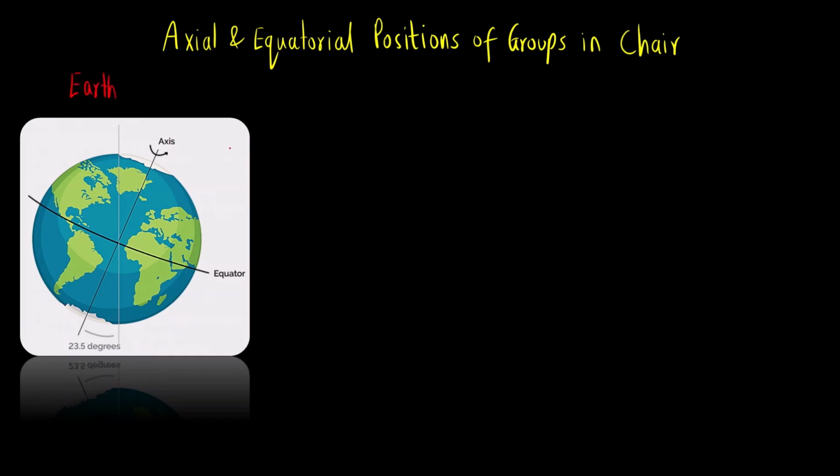We know the axis is vertical. So the vertical bonds are going to be axial. They are called the axial positions, or groups present at the axial position. And the equator on the earth is horizontal. So the bonds that we draw like this or like this, the horizontal bonds, other than the vertical bonds, are going to be the equatorial positions.